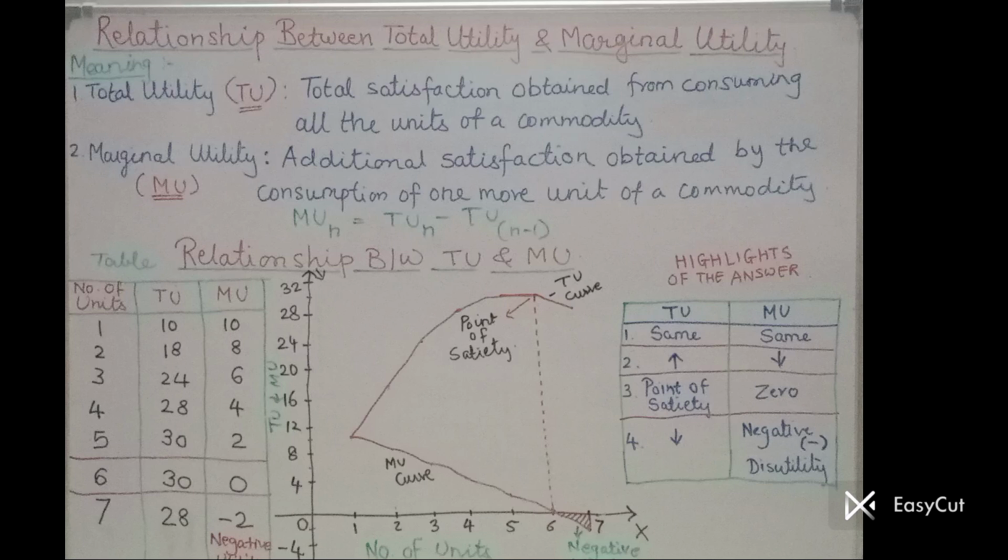So 30 minus the earlier 30, our marginal utility is 0. That means when we consume fifth unit, that time also total utility was 30. After consuming this sixth unit also total utility is 30. So there is no addition in the total utility. Our total utility is remaining constant. It is remaining as it is. Addition made is 0.